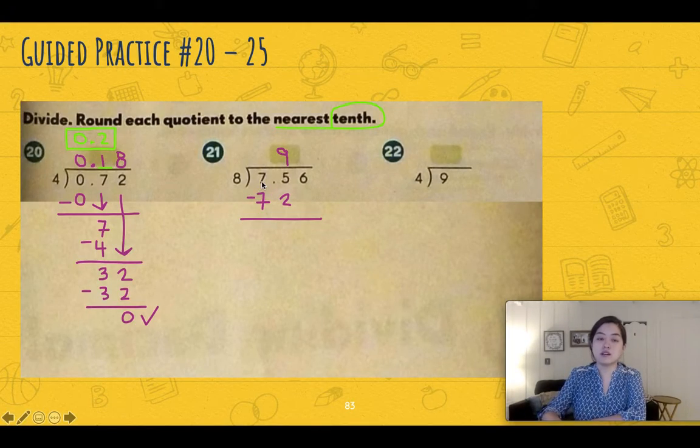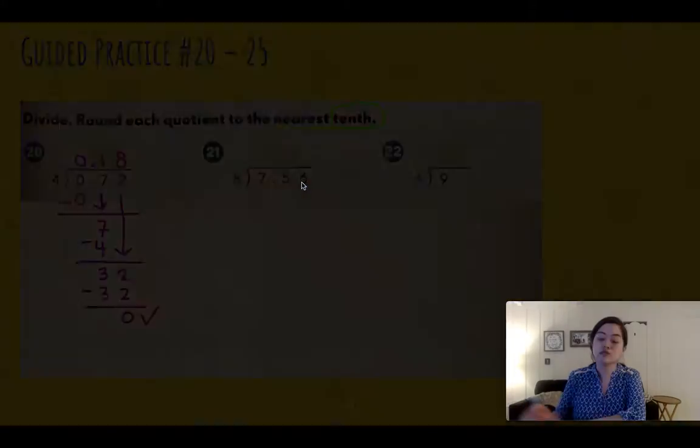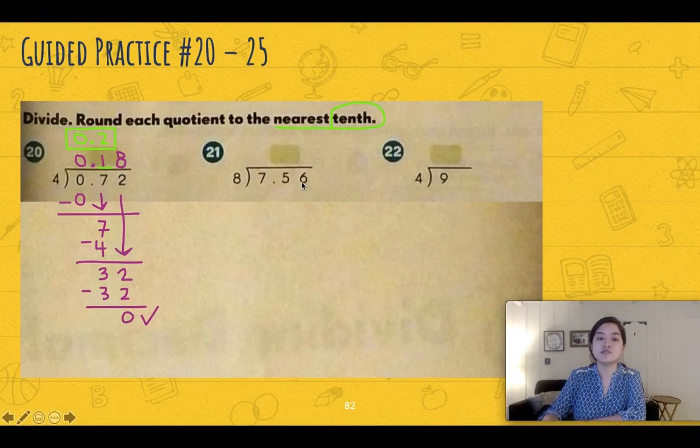For 21, I cannot find a whole number where when I multiply it by 8 it gets me close to 7, so I'm going to focus on 75. 8 times what gets you 75 or close to 75?